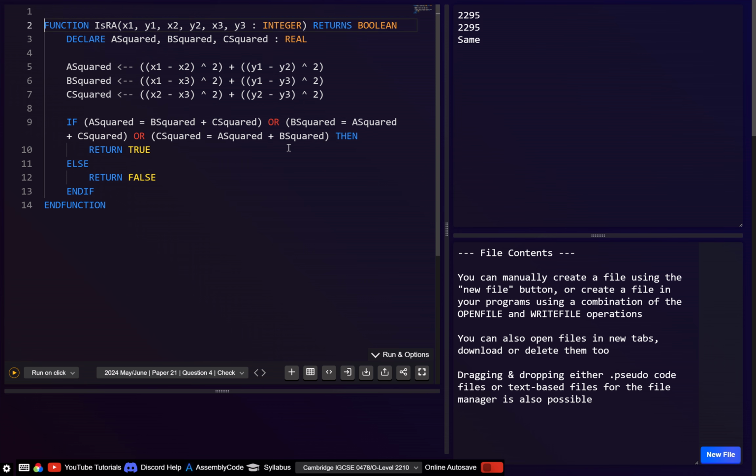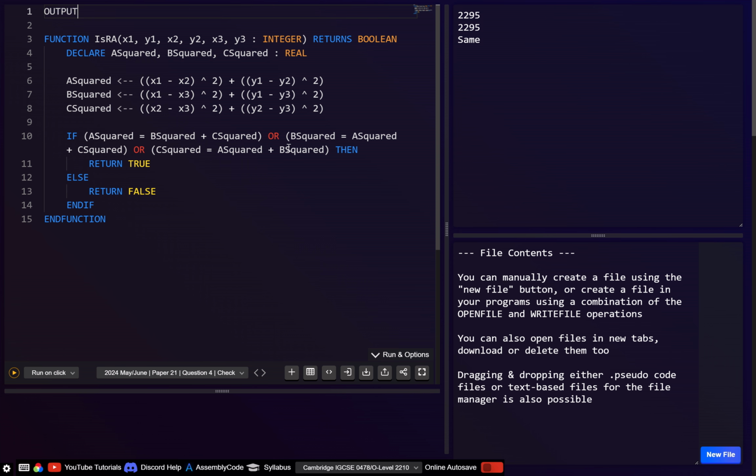Right then, let's think of some values we can use to test this. I think the easiest way is to set the first position as the origin, so this is going to be 0, 0. Then let's say x2 is 5, 0.